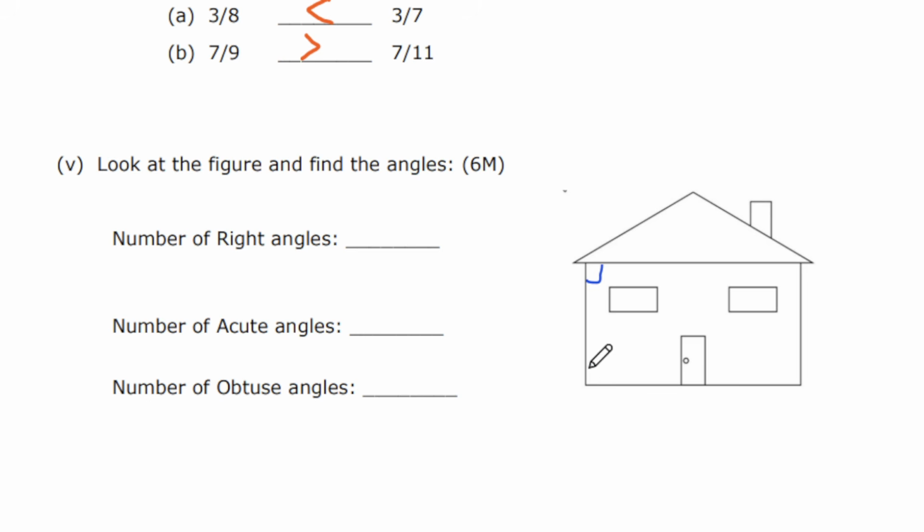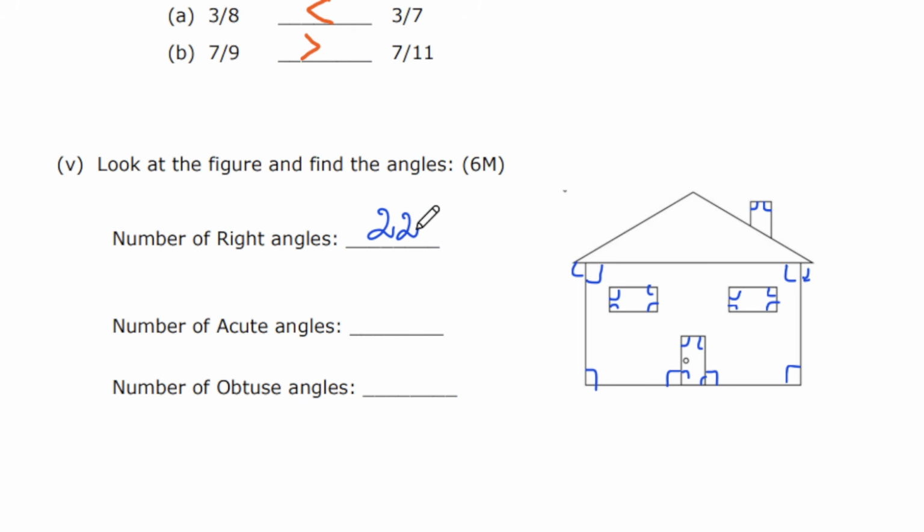First one, second one, 3, 4, 5, 6, 7, 8, 9, 10, 11, 12, 13, 14, 15, 16, 17, 18, 19, 20, 21, 22. So how many right angles do we have? 22.